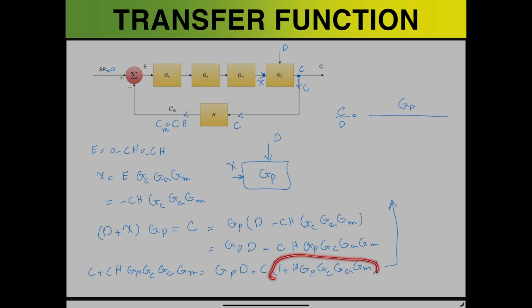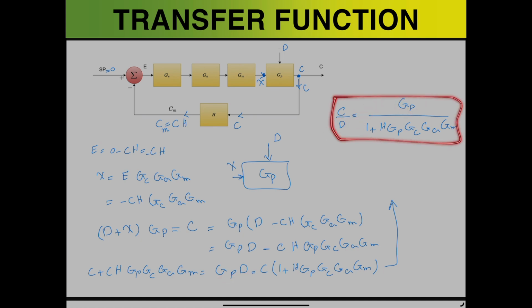And C is going to be multiplied by this whole phrase here at the bottom. So I'm going to bring it up there. Essentially C is going to be multiplied by this whole term, which is here, and D is going to be multiplied by GP, which is here. So essentially C over D is going to be as follows.